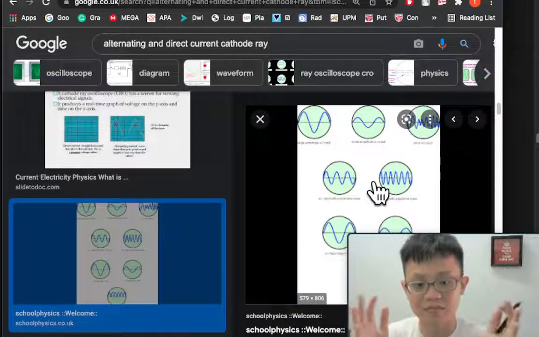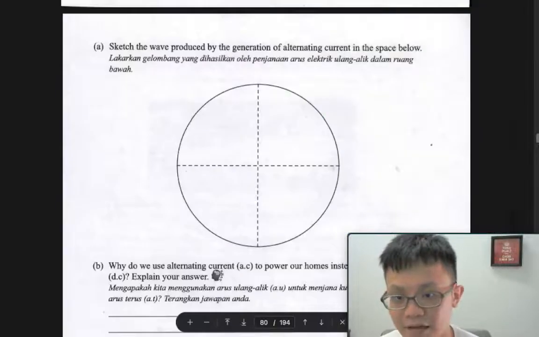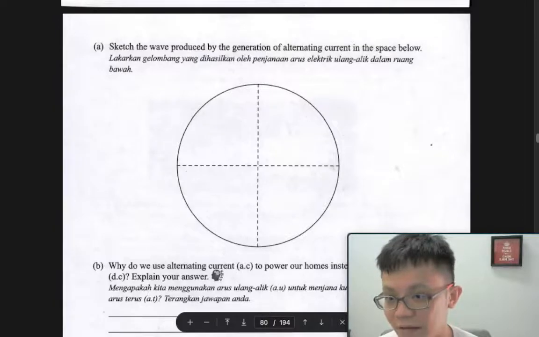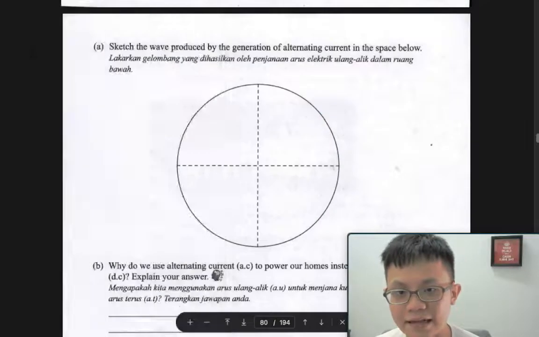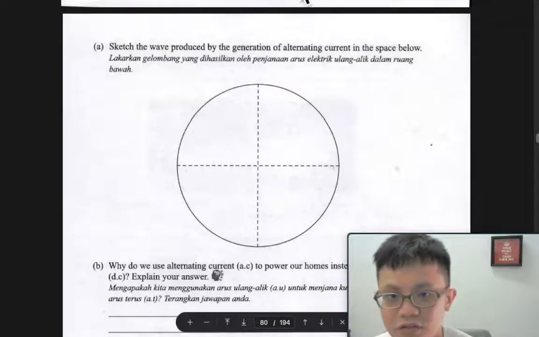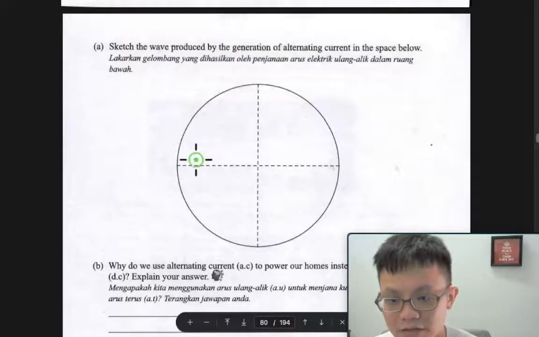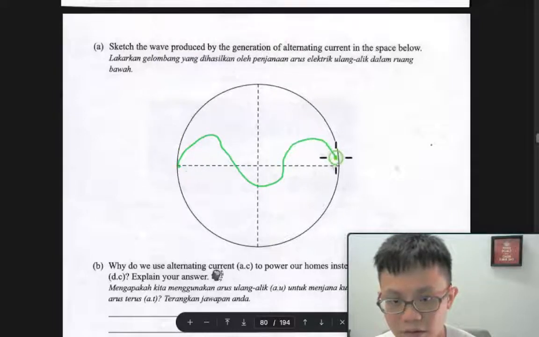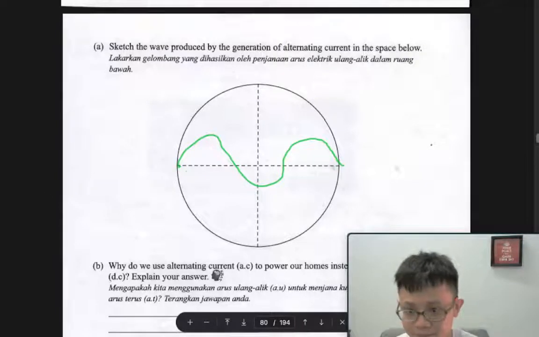If you set the speed very fast, it will be something like that. So I choose this one, whatever you choose just make sure you draw the line you like. The most important thing is up and down. So I just draw up and down, up, down, up. Draw nicely a bit.